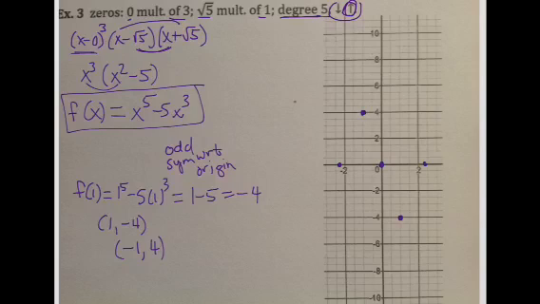Now I don't know if 1, negative 4 and negative 1, 4 are the highest and lowest points. We don't know that. As a matter of fact, I plugged the equation into Desmos, and it showed me that negative 1.7 and 10.4 were the highest points. So negative 1.7 is approximately right here.